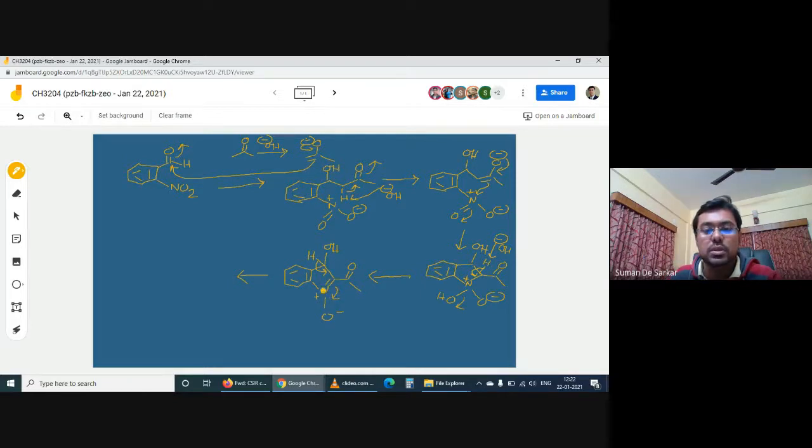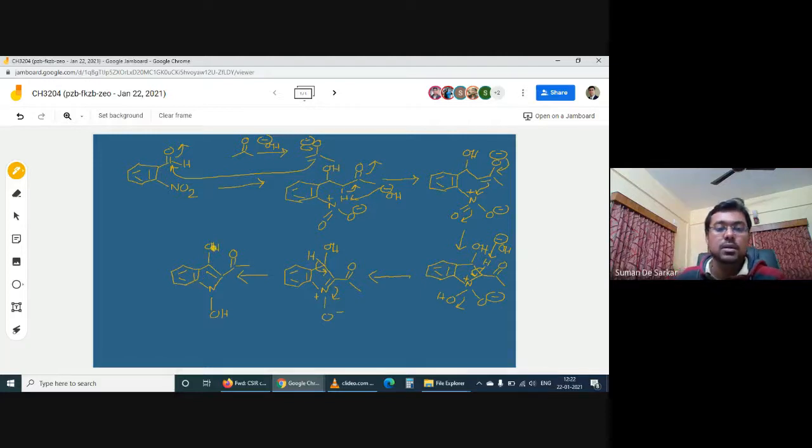Now there is the opportunity that nitrogen becomes neutral. That's why it is going there, and this proton is grabbed by this minus. So we are here now. Nitrogen becomes neutral. This O minus also becomes neutral. Here, this becomes OH, and this is as it is, whatever was there.